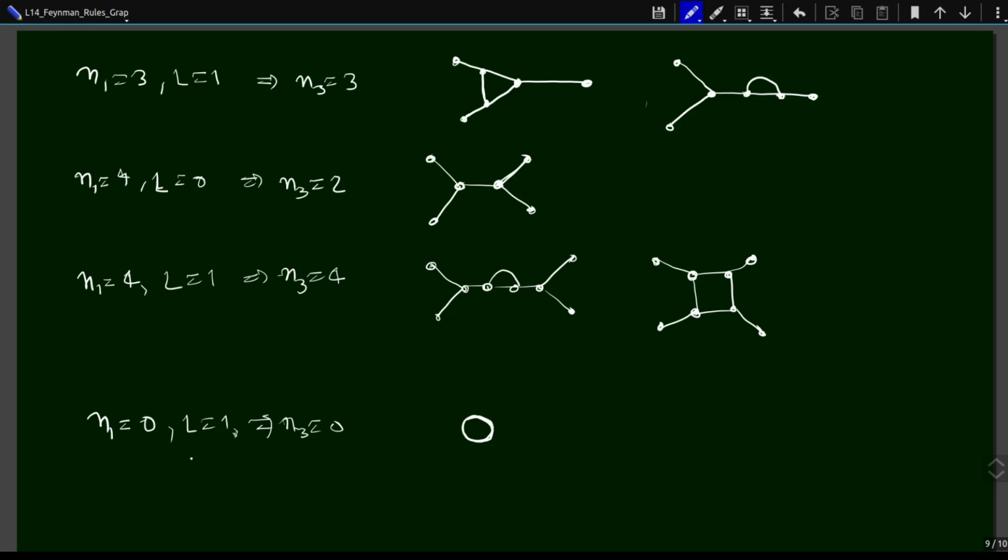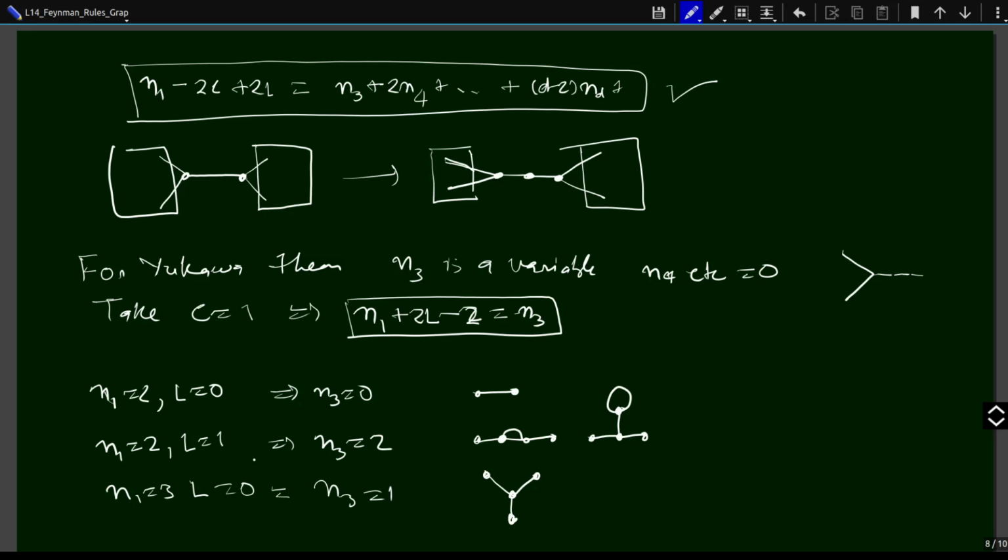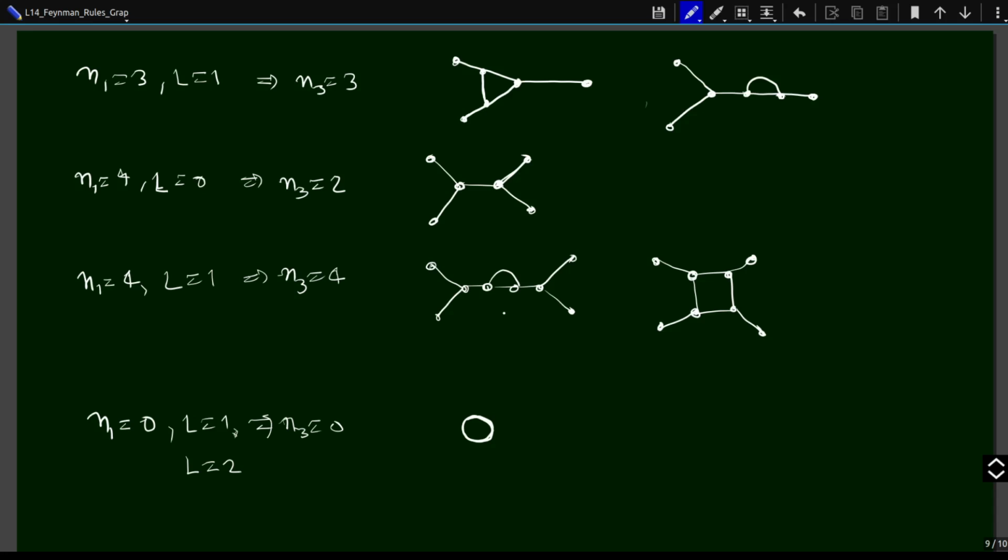Now then I ask, how about L equal to 2? If there are 2 loops with N1 equal to 0, now what happens? 4 minus 2, that gives me N3 equal to 2, and we have seen this diagram.